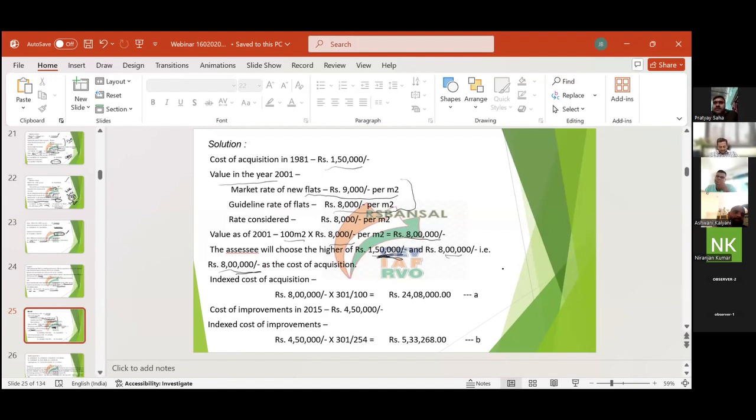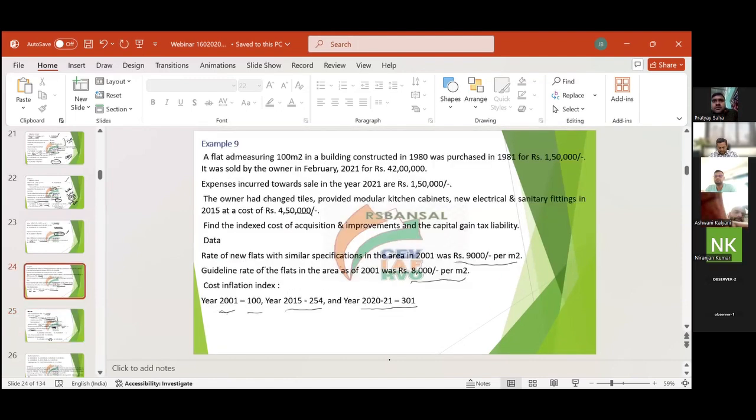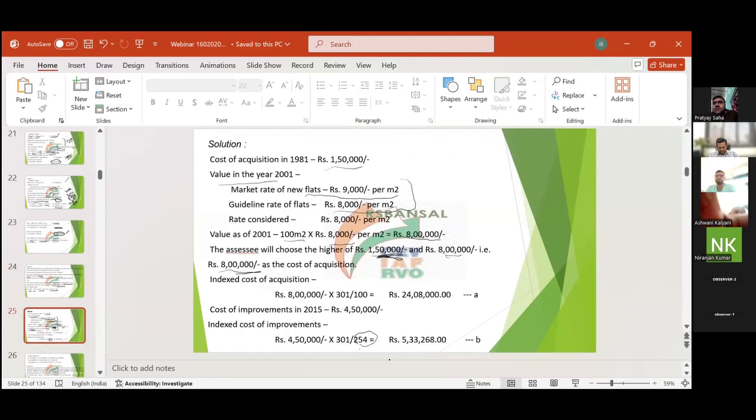Otherwise, indexation, you know how to do indexation. You multiply 8 lakh into 301 upon 100. For the index cost of improvement, instead of 100 you have to take the year in which the improvements were done. Improvements were done in the year 2015. So you have to apply the cost inflation index for 2015, which is 254, instead of 100.